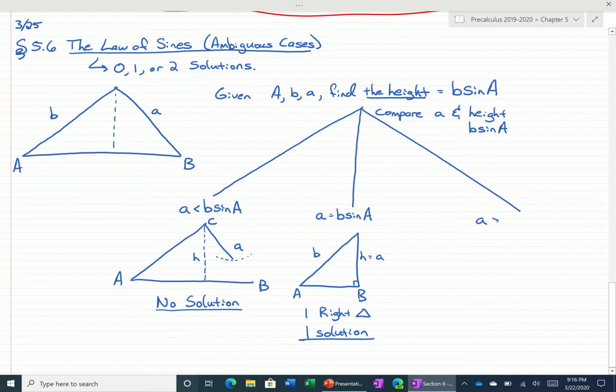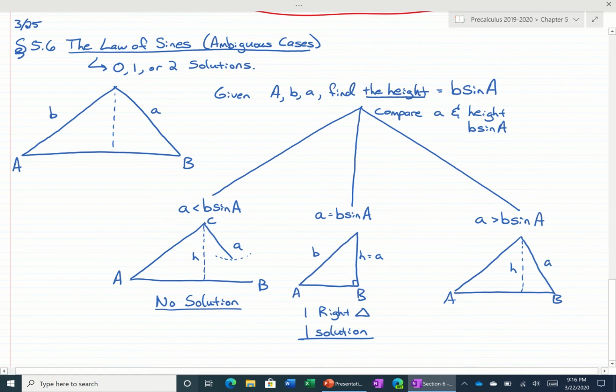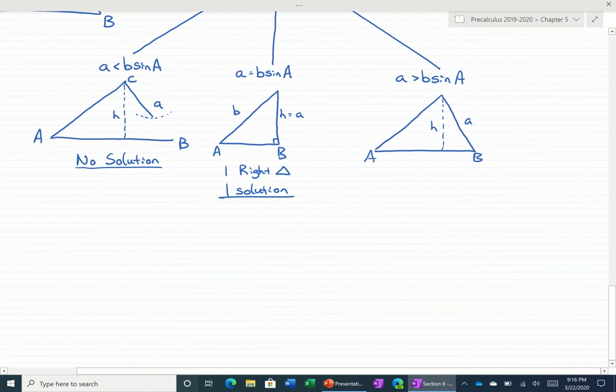Third option is side A is bigger than the height. Well, if that's the case, then there's actually two other things that could happen.